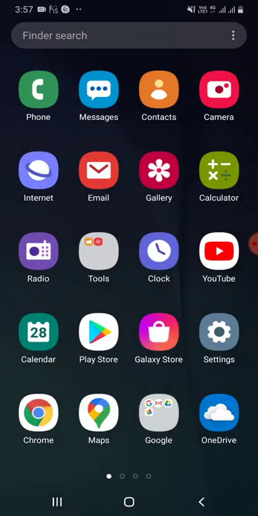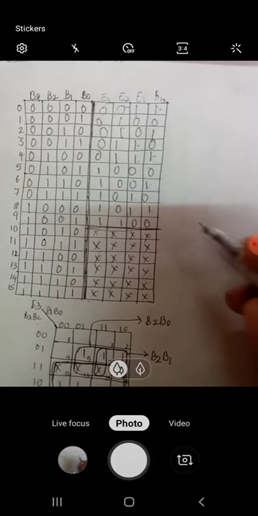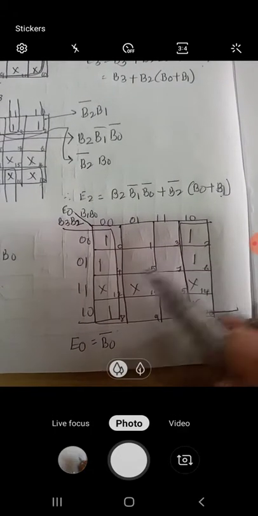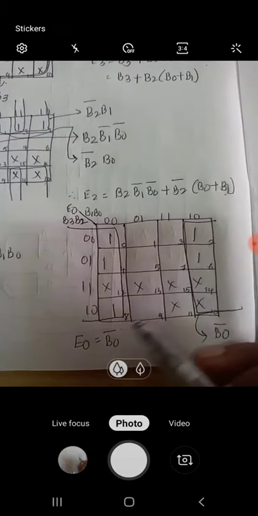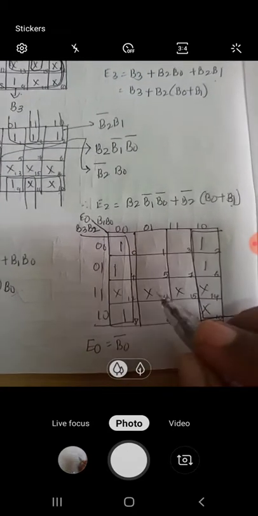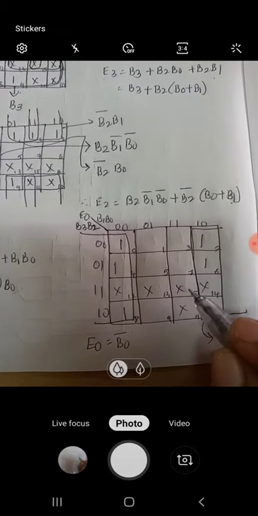Similarly it is E0 now. So what do you have? 0 2 4 6 and 8, it is 1. I have written it over here. Again 10 11 12 13 14 15, it is don't care.